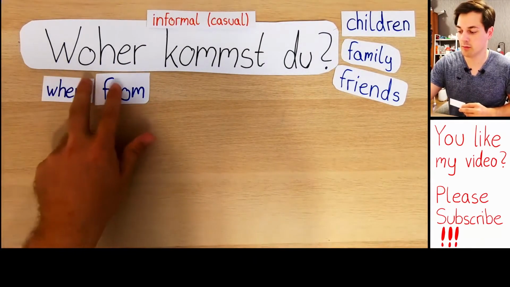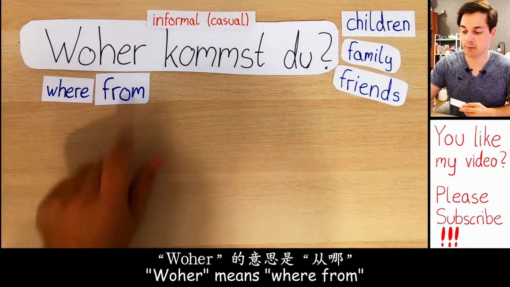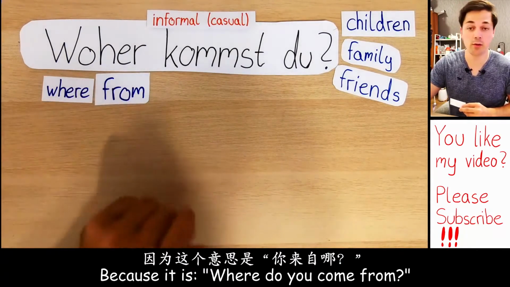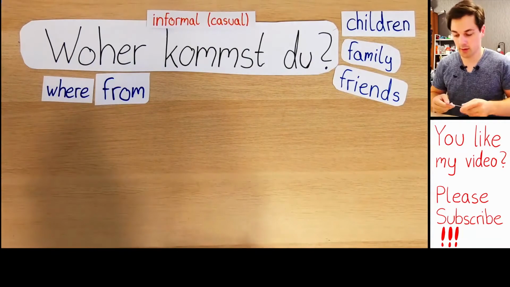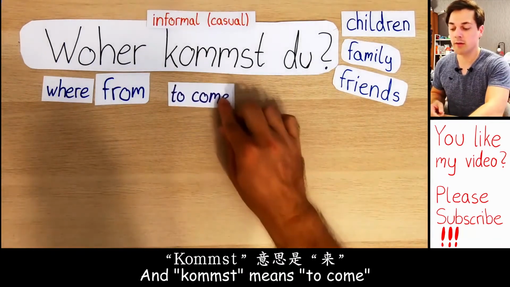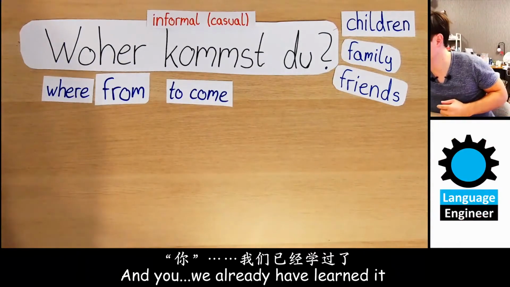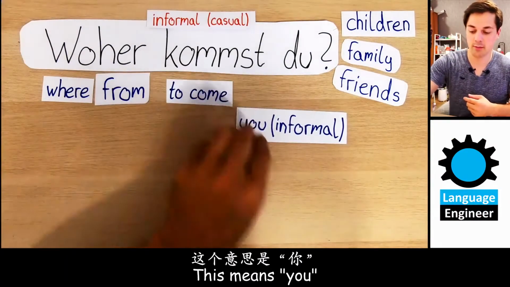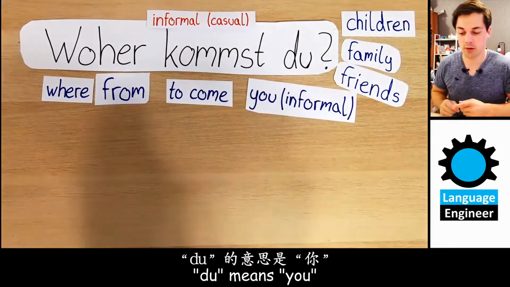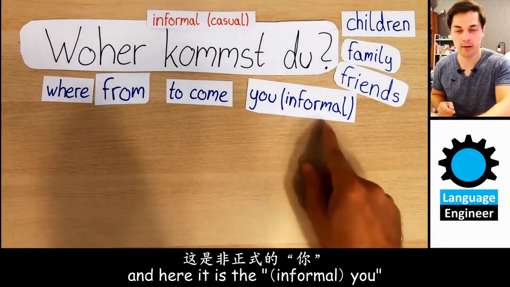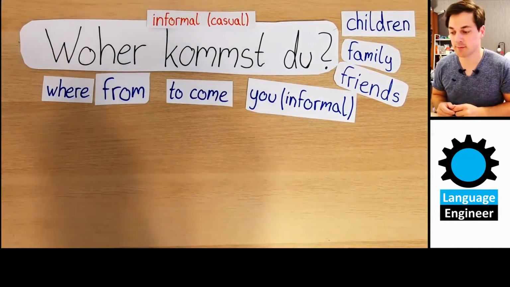So woher means where from, because it's where do you come from. And kommst means to come. And du, we already have learned it. Du means you. And here it is the informal you.